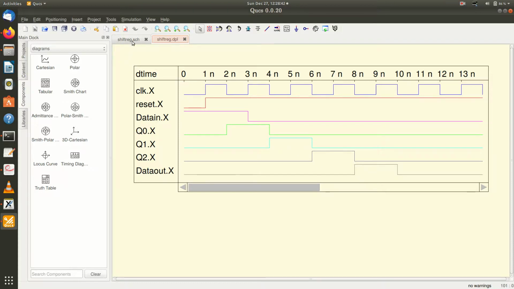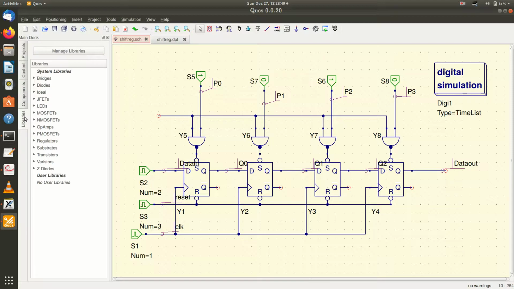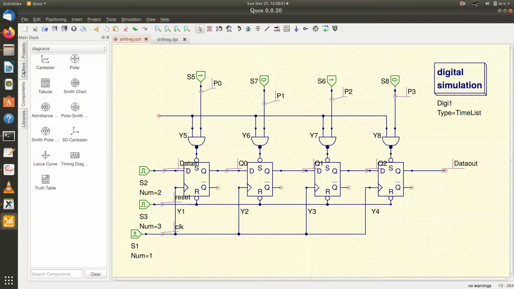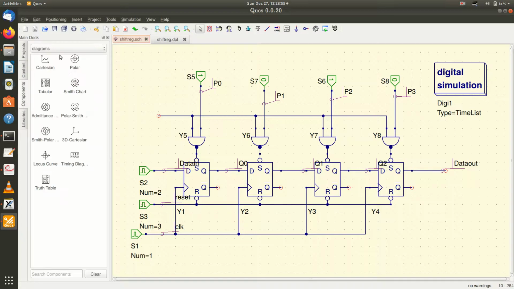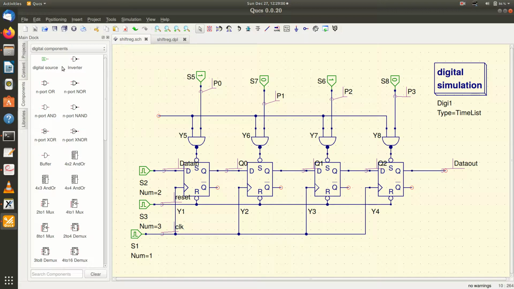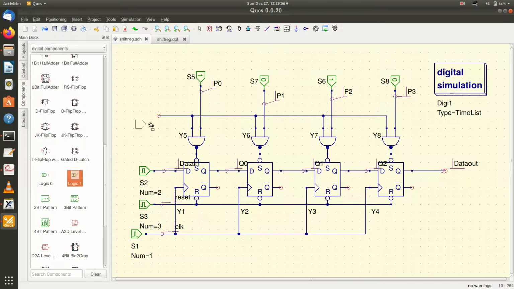Now I can have a parallel feeding. I will make digital components and set these to logic 1. Now this 1010 pattern will get to the output.